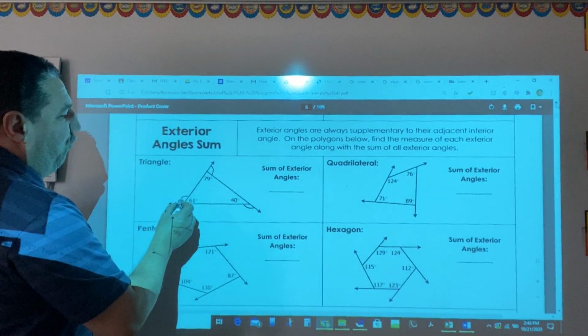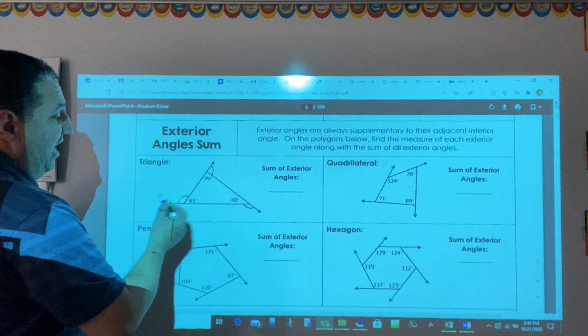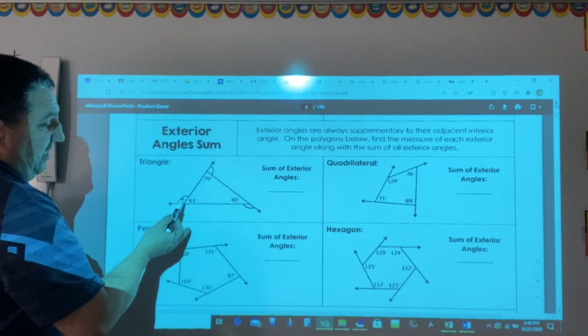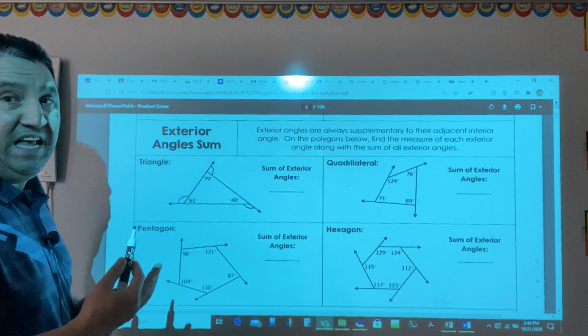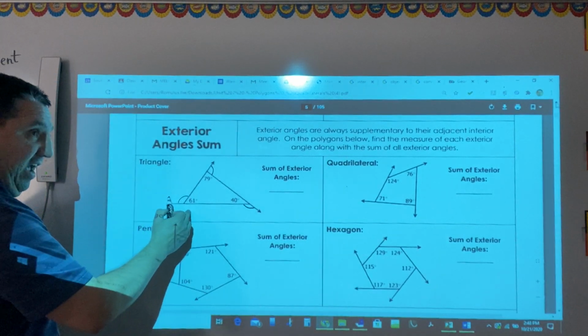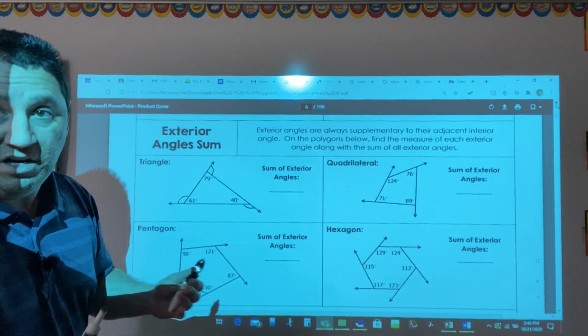Now, how do you find the measure of each exterior angle? In this case, by subtracting the given interior angles from 180. Why? Because the exterior angle and its corresponding interior angle are supplementary.